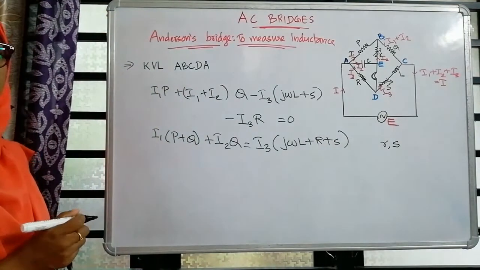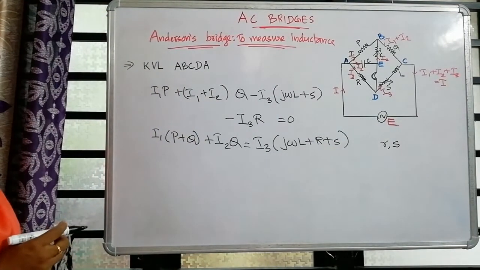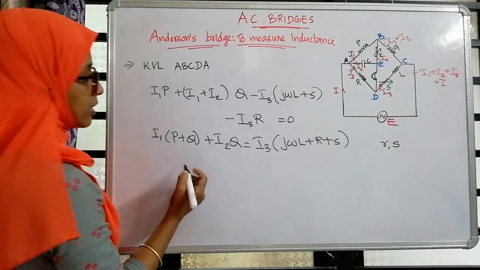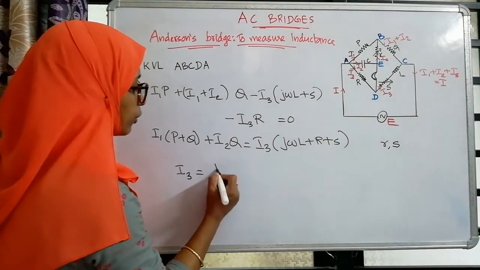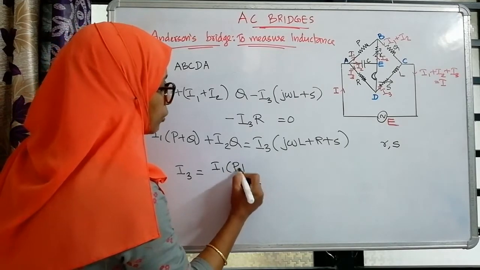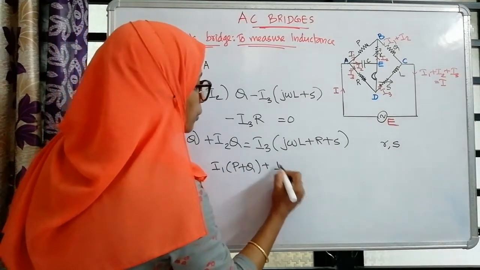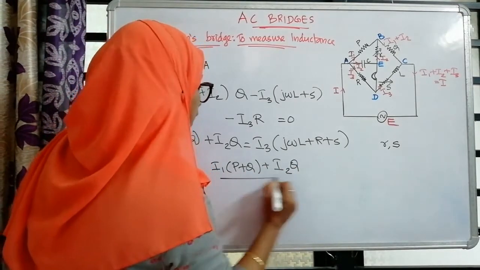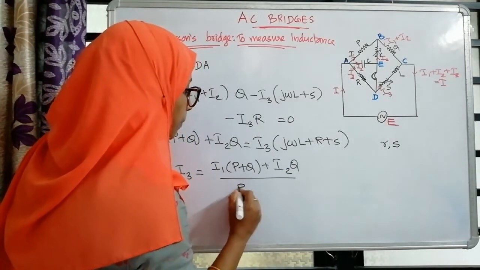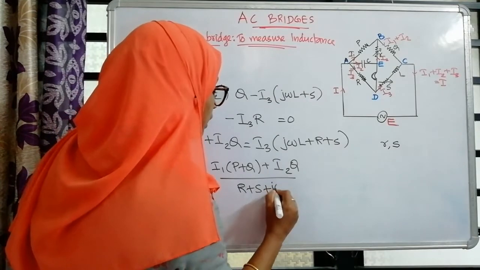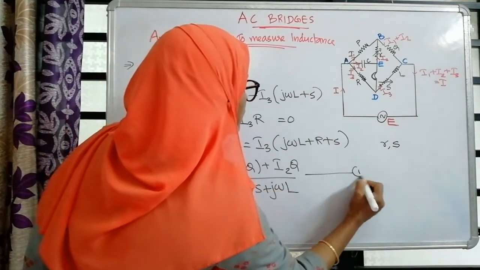Now I am going to write the expression for I3 from this. I3 is equal to [I1 into (P plus Q) plus I2 Q] divided by (R plus S plus j omega L), and give it as equation number 1.